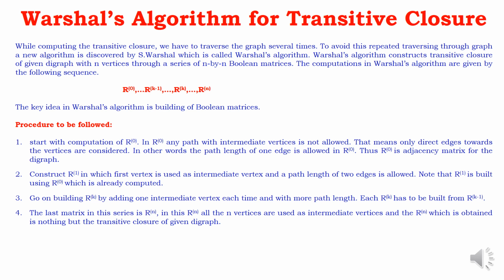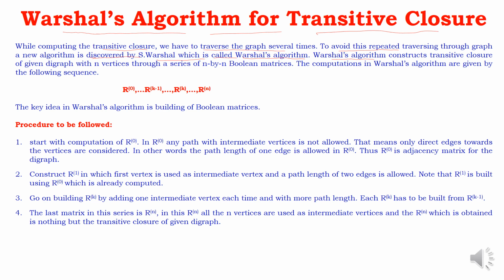Let me explain what Warshall's algorithm is, to find the transitive closure of a graph. While computing transitive closure, we have to traverse the graph several times. To avoid this repeated traversing, a new algorithm was discovered by S. Warshall, which is called Warshall's algorithm.